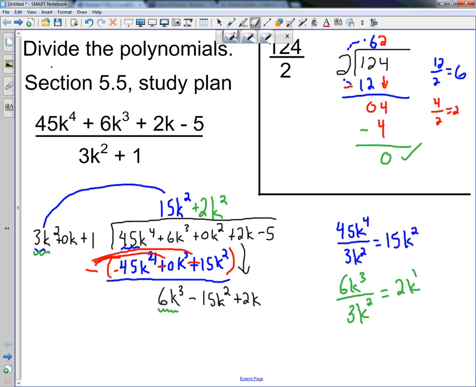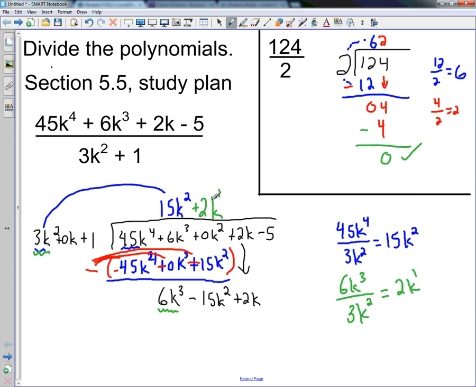And the reason that I caught that while I was going through the process is when I was multiplying it, it was going to give me a k to the 4th, and notice we're down to k cubed. So that told me there was something wrong. So I went back and double checked. Okay, so we've taken 6k cubed divided by 3k squared. 6 divided by 3 gives me the 2. 3 minus 2 gives me the 1.